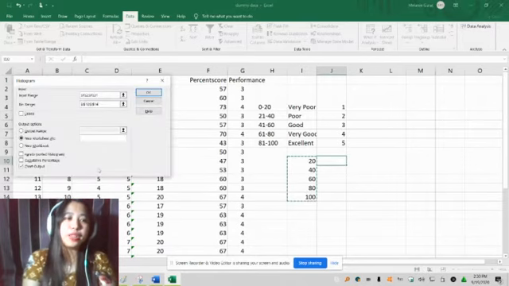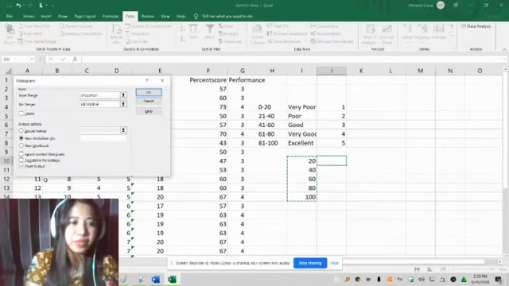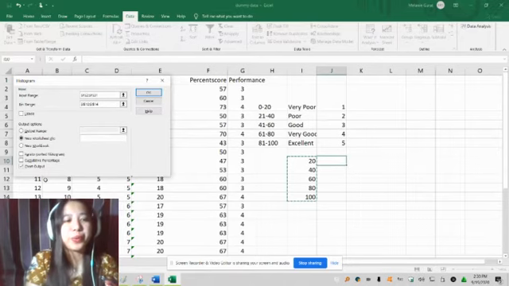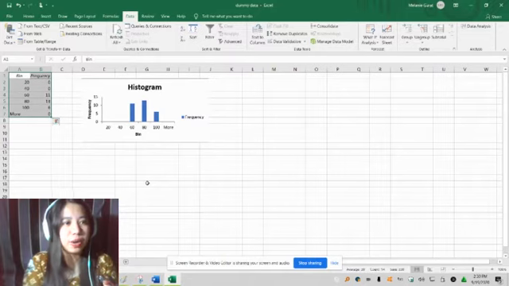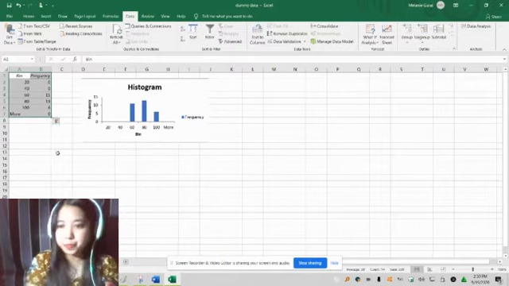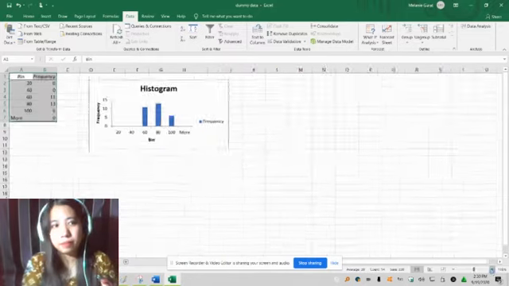And if you want to come up also with a histogram, or rather a chart output, then you can click Chart Output and click OK. So this is now our table.